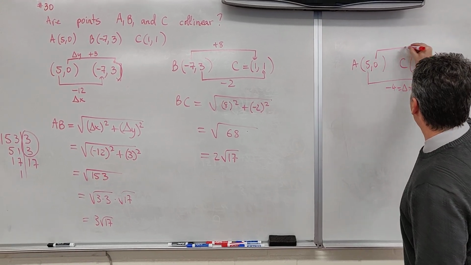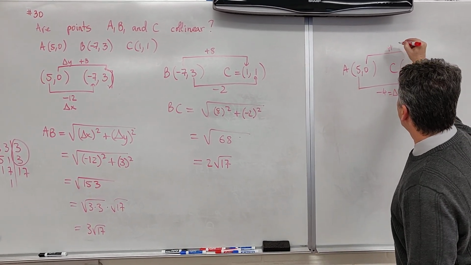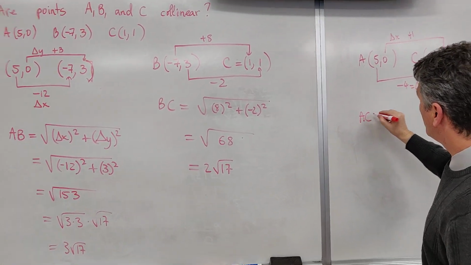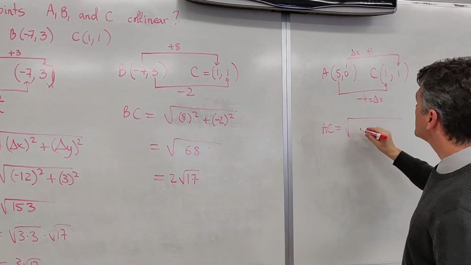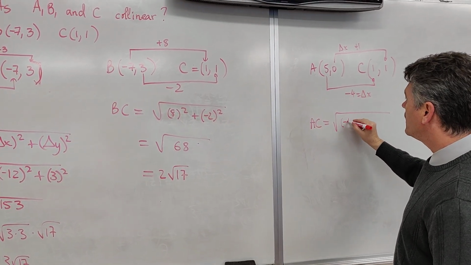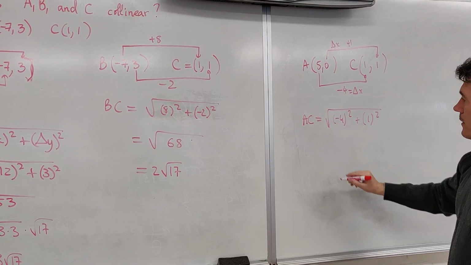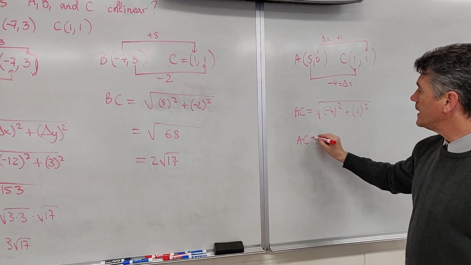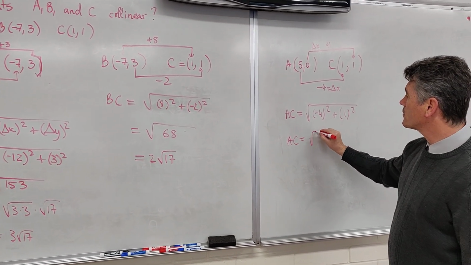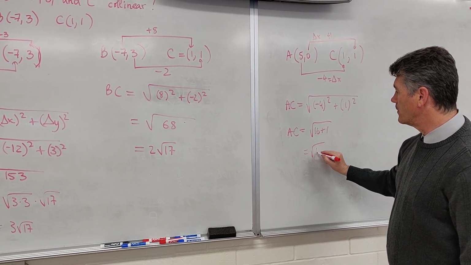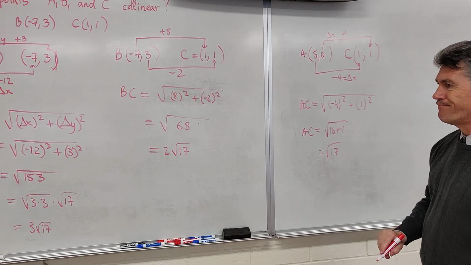The change in Y, positive 1. We're going to apply the Pythagorean theorem. AC is equal to the square root of negative 4 squared plus 1 squared. AC is equal to the square root of 16 plus 1. It is the square root of 17.